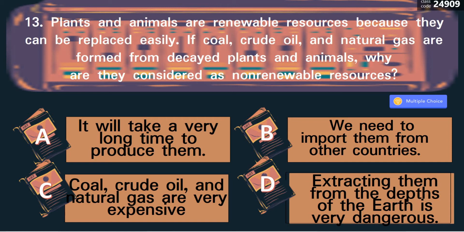B, we need to import them from other countries? C, coal, crude oil, and natural gas are very expensive? D, extracting them from the depths of the earth is very dangerous?